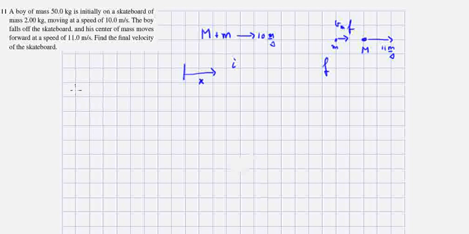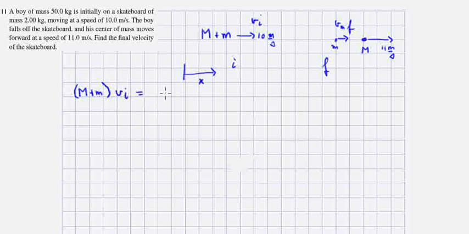So that means that I can write that the initial momentum, that's v sub I here, of the boy plus the skateboard together times the velocity, is equal to the final momentum.